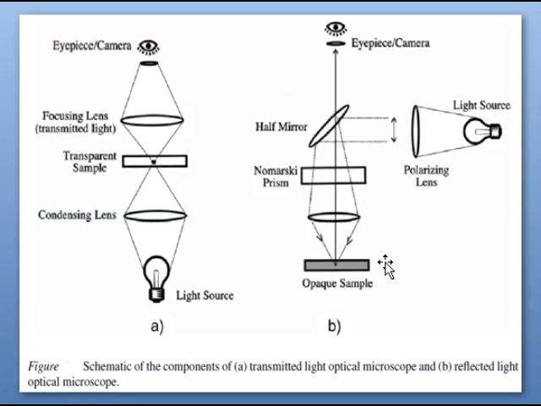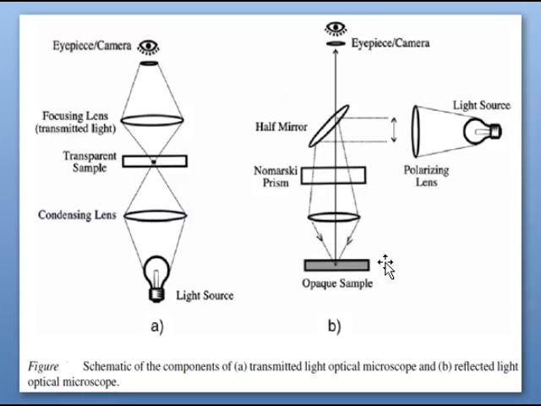Basically, the condensing lens is used to condense the light from the source towards the specimen, so that the light can be transmitted through the specimen and the enlarged view can be clearly seen by the eyepiece.